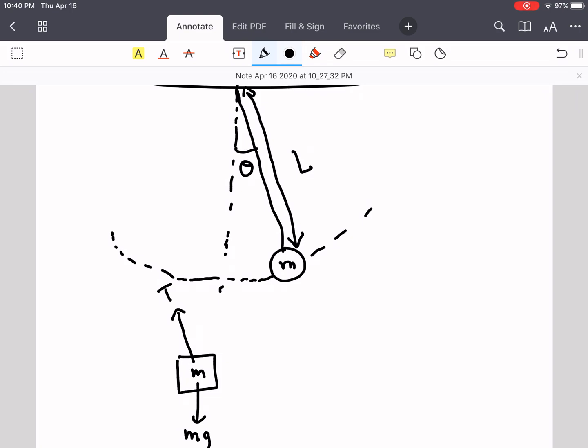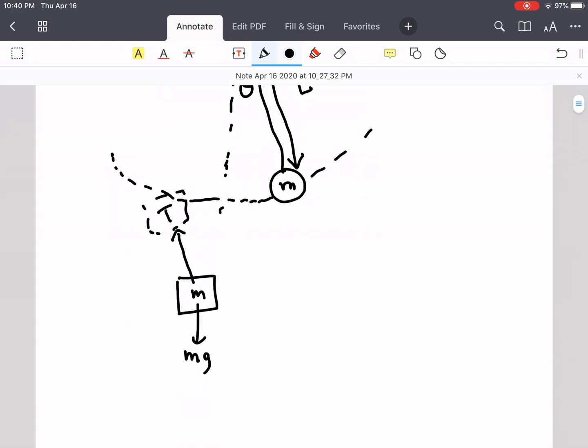Now I want to introduce an axis system, and the one that's going to be natural, it will turn out, is the tension axis, the ones that are parallel and perpendicular to tension. So I need to break mg, my weight, up into components. So again, this is something we've done a ton of times. Here's my weight.